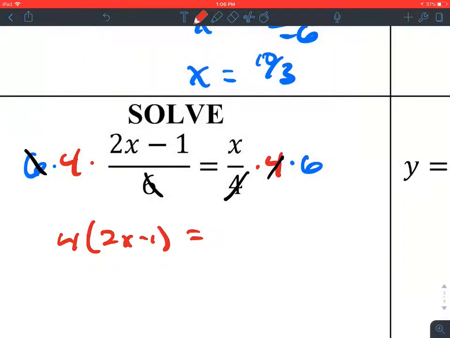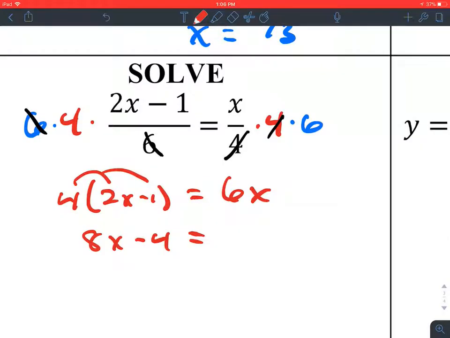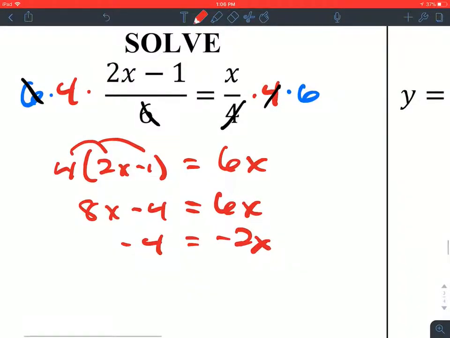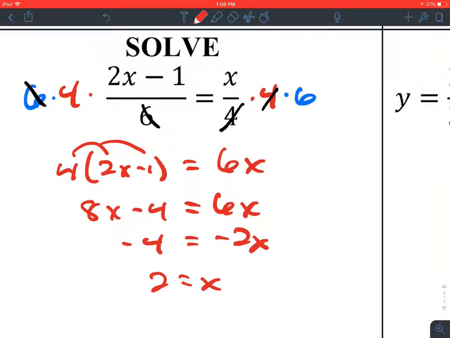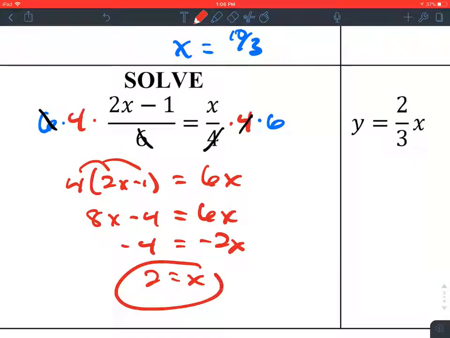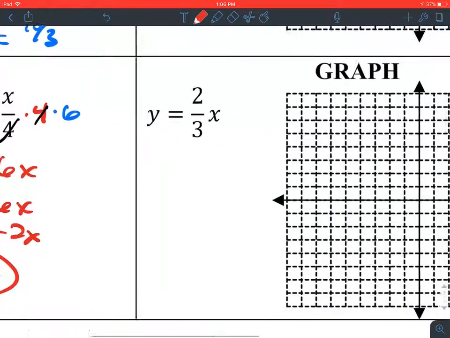I end up with 6 times x. If I distribute this using the distributive property of equality for real numbers, I get 8x minus 4. If I subtract 8x from both sides and then divide both sides by -2, I'm going to get x equals 2. Assuming I didn't make a mistake, that is the answer.